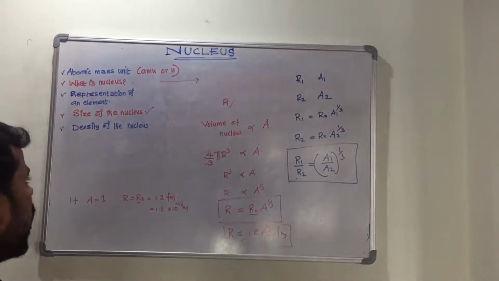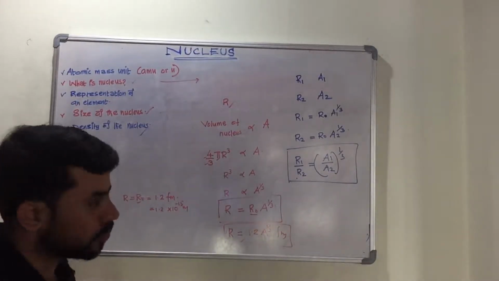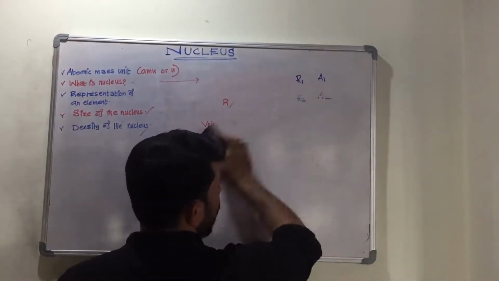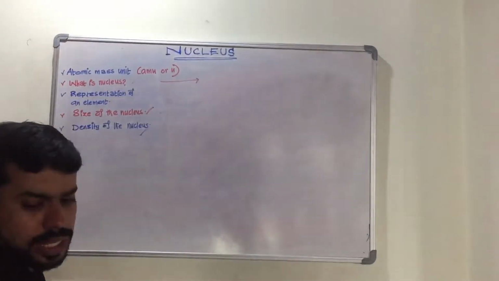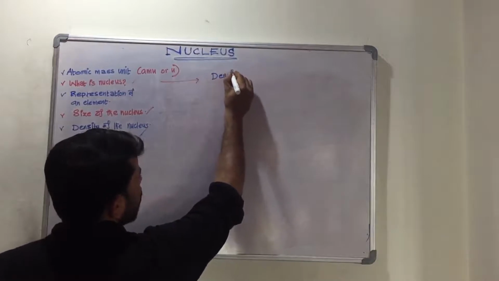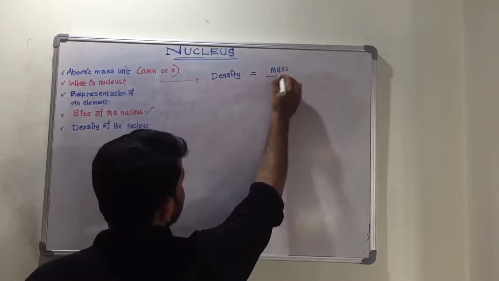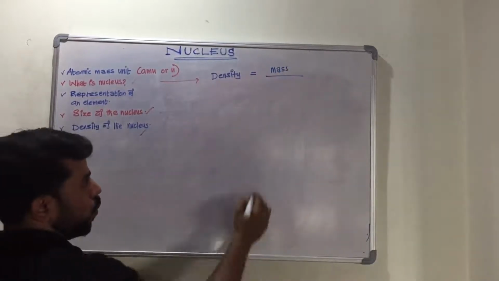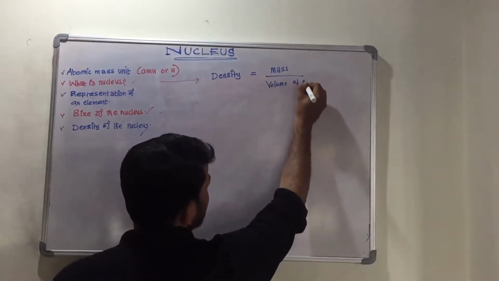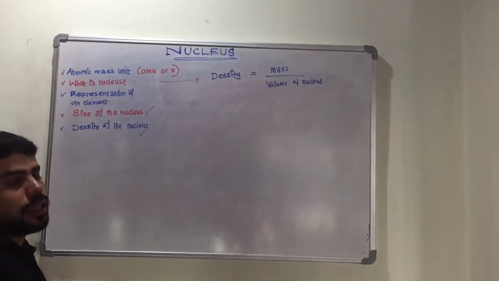Next, our aim is to find out the density of the nucleus. Density is equal to mass by volume. Then surely the density of the nucleus is equal to the mass of the nucleus by the volume of the nucleus.